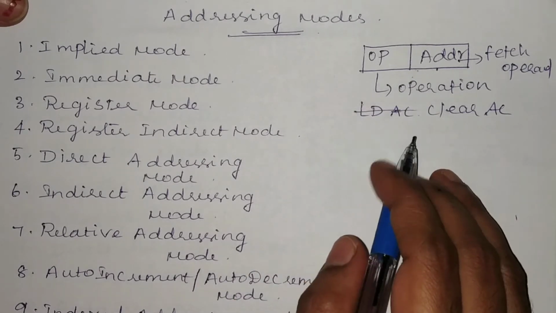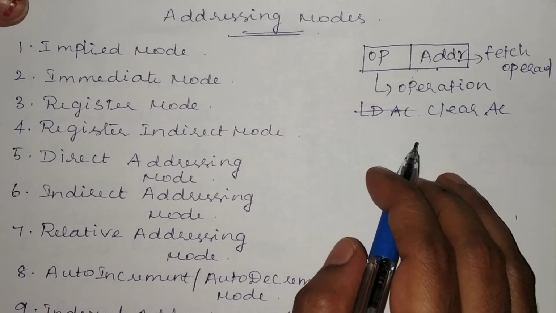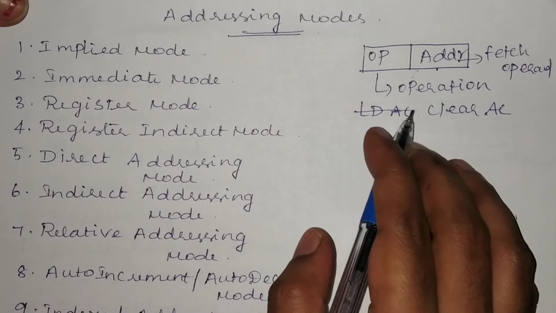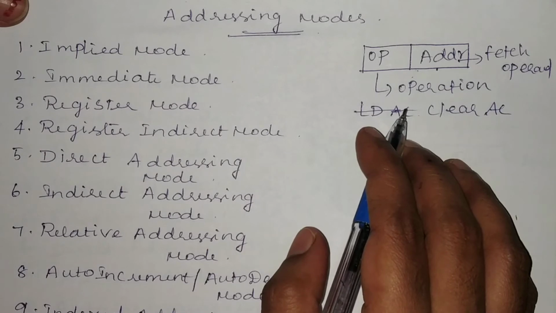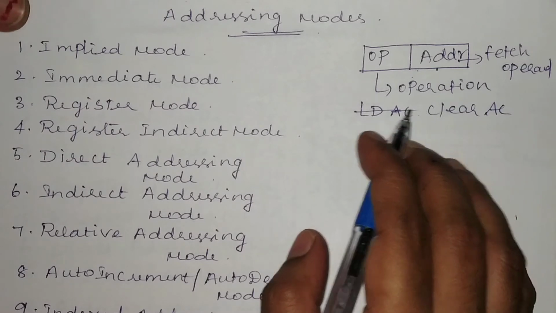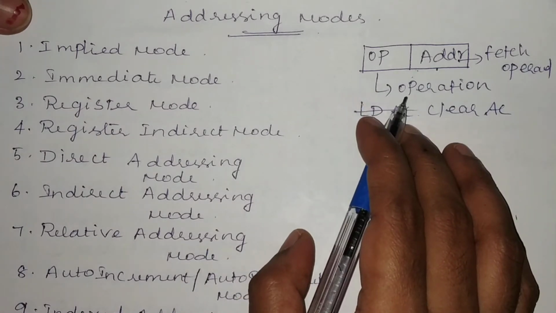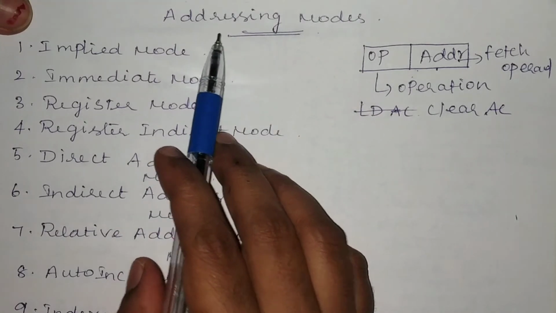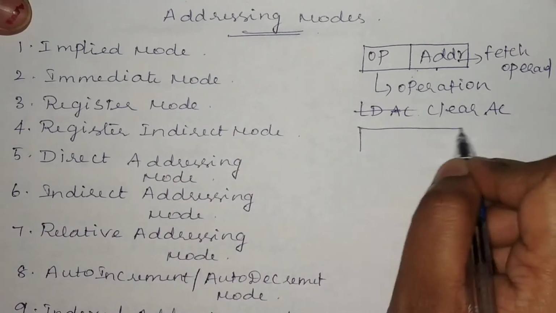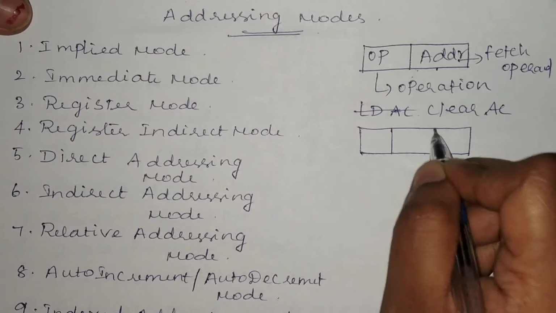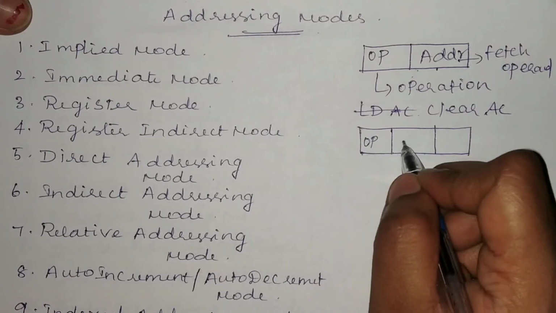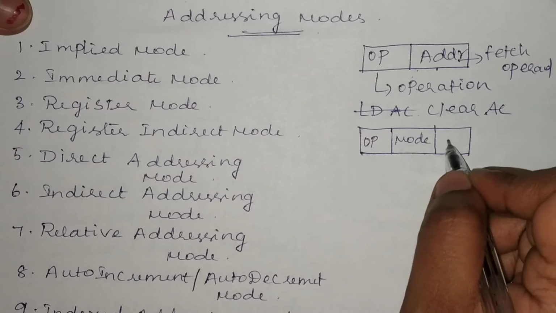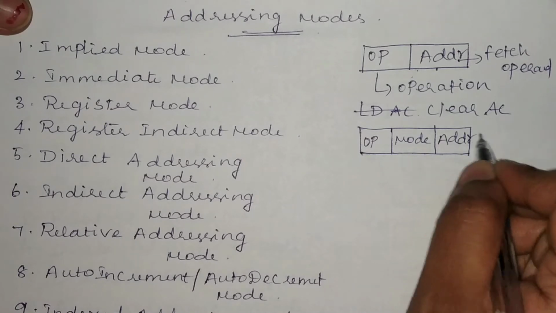And if there are some instructions which need two or more fields to represent their addresses, these are two address instructions or three address instructions. So these are some of the instruction formats. If you are representing the addressing mode in your instruction, then the instruction format will consist of three fields: the first is opcode, the second is the mode field, and the third is the address part.